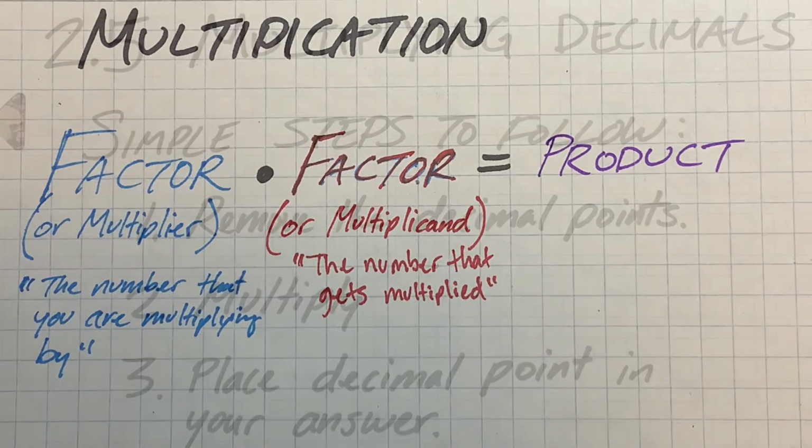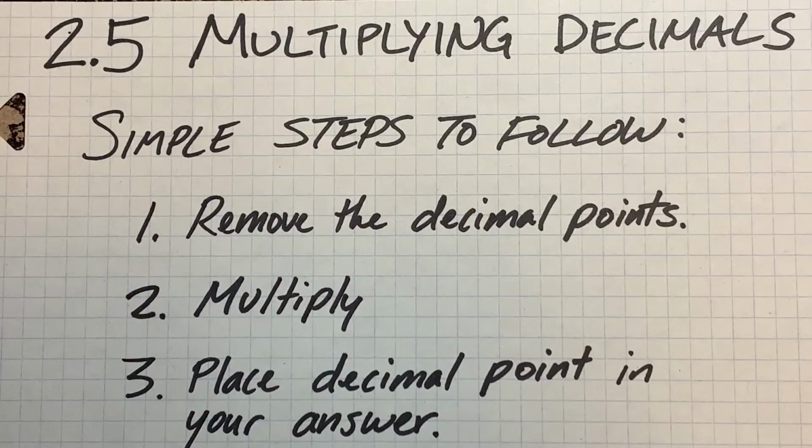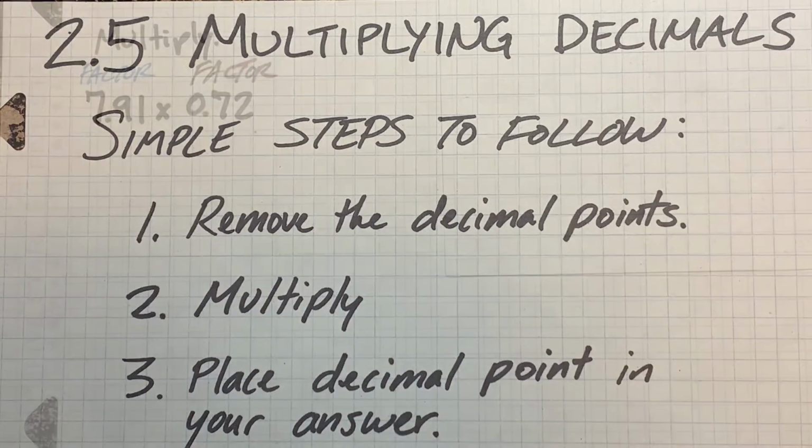Let's continue. When we multiply factors, all factors are just numbers that we can multiply together to get a product. So just remember the simple steps: remove the decimal points, multiply like you would any whole number, and then at the end, place a decimal point in your product. Here we go.